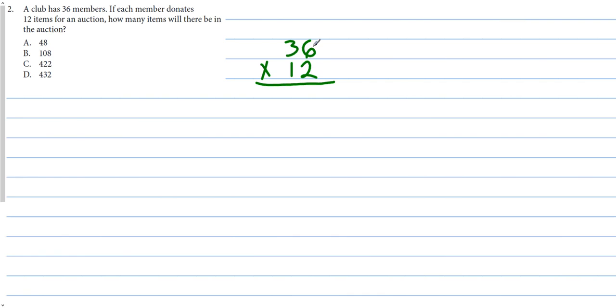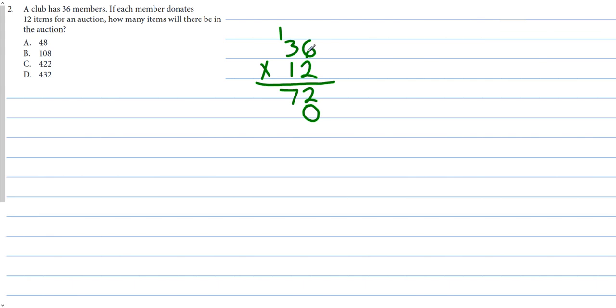We get 2 times 6, which is 12. Carry the 1. 2 times 3, we get 6, plus 1, we get 7, so 72. And then we're going to go ahead and have to multiply the 1 times the 36. And this is moved over 1 place over, so we need a placeholder of 0 there.